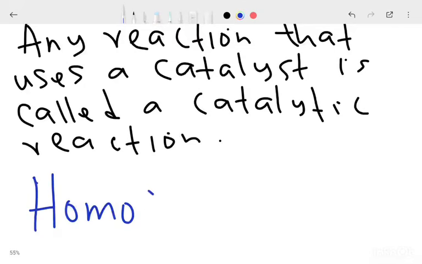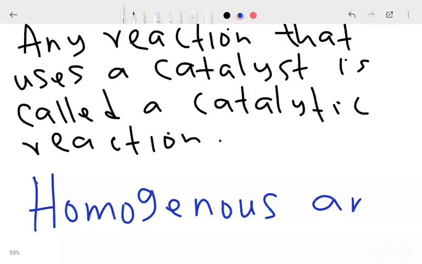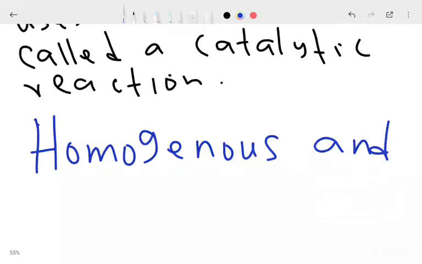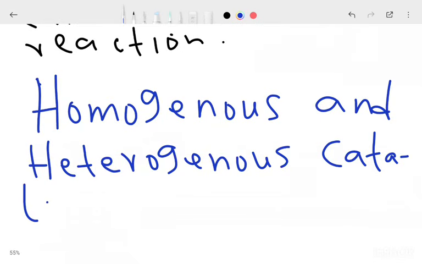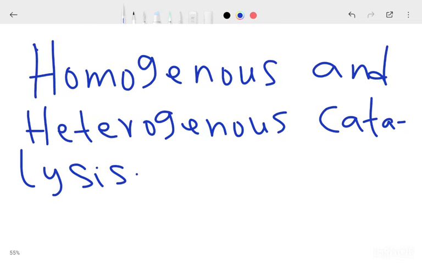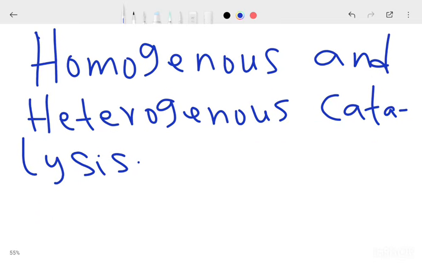Homogeneous and heterogeneous catalysis.